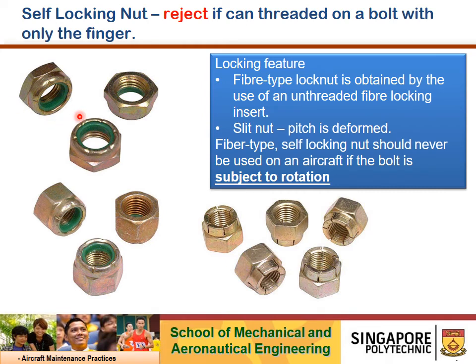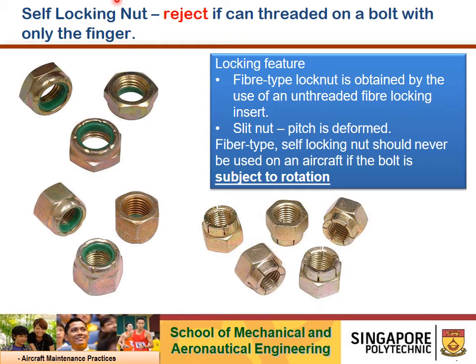So how do we know when to reject the self-locking nut? The main trick is that you can reuse a self-locking nut as long as it has a self-locking effect. But if you are able to thread the nut all the way to the bolt end, then this self-locking nut will require replacement.